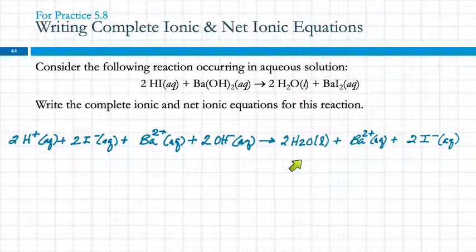Water is a molecular compound. And then we had barium ions and iodide ions that are still floating around separately. We could write a formula for barium iodide, but it doesn't really describe what's happening because aqueous barium iodide is actually barium and iodide ions separate from each other. So that's what the ionic equations are trying to describe.